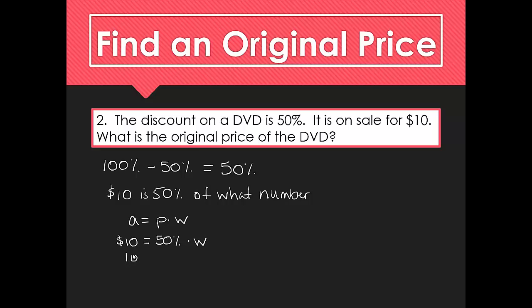So we have that 10 equals 0.50 times W. In order for us to solve this equation, we need to divide both sides by 0.50. When we divide 10 by 50 hundredths, we're going to get 20. So 20 equals W. So the original price of the DVD was $20.